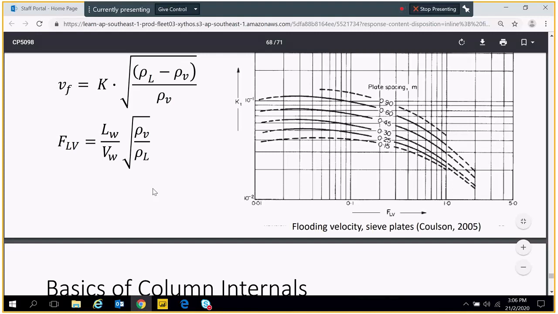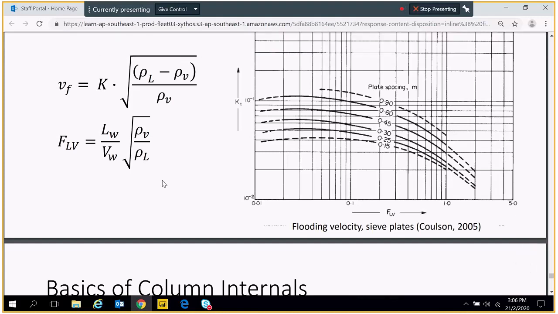That's the case for vacuum distillation. If you operate a vacuum distillation, it's very easy for liquid to evaporate. So when it's very easy for liquid to evaporate, there'll be plenty of vapor. But when you have plenty of vapor, your column diameter must be bigger.